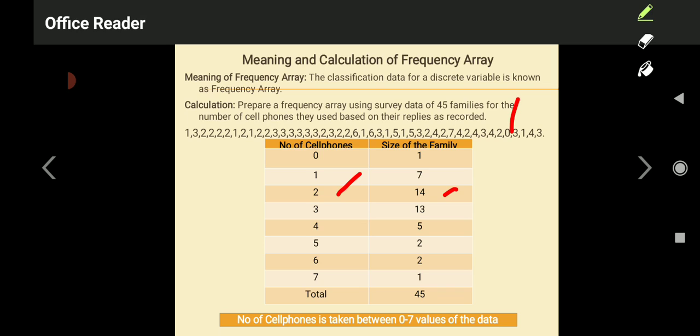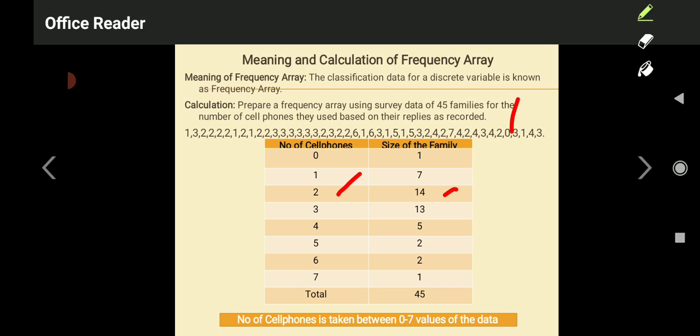When you make a survey for research and take 45 families as your survey, you come to the conclusion that there are 14 families using 2 cell phones each.